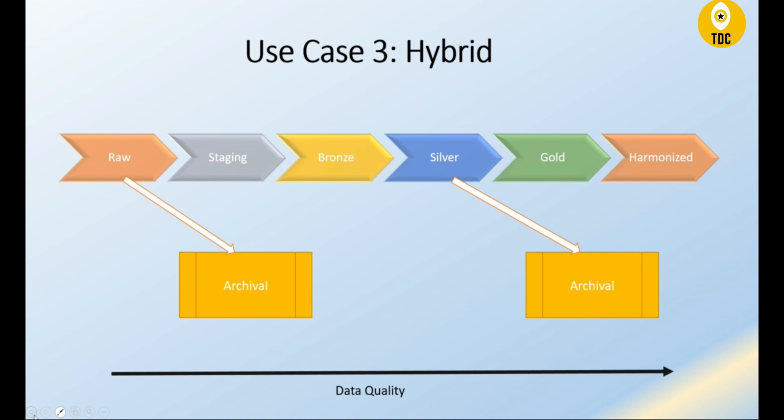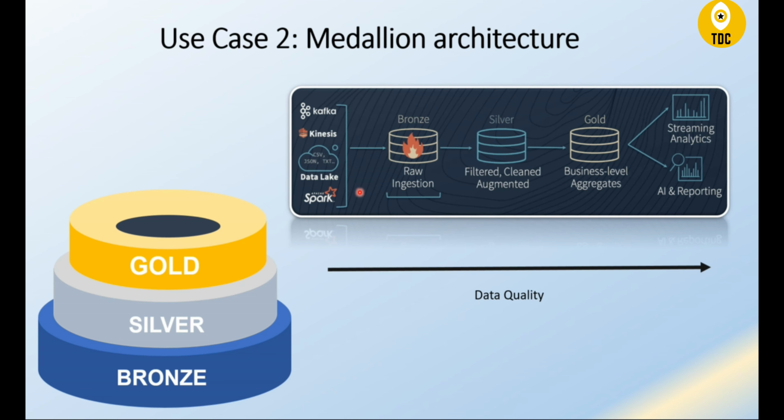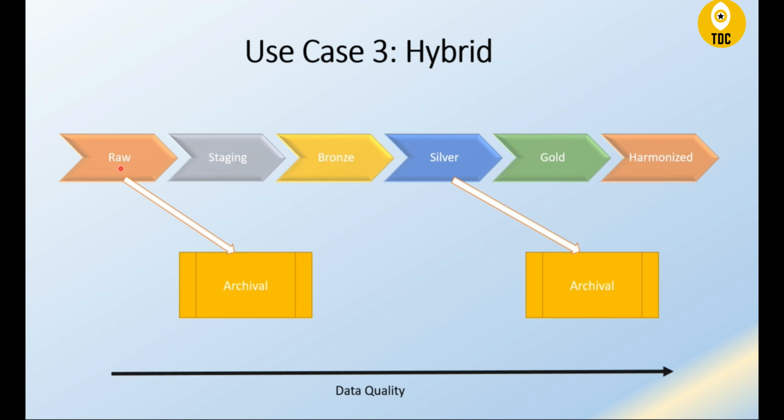But the common factor to understand is, in all these three slides, you see data quality is always getting better when you move forward, right? Raw to staging, staging to transform, or bronze to silver, silver to gold, or raw to harmonized. In all these three, the common point is data quality is always getting refined, right?